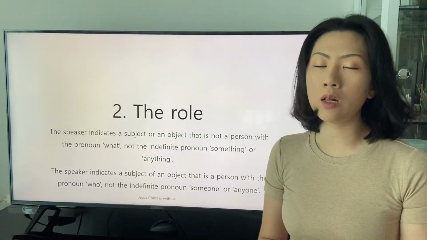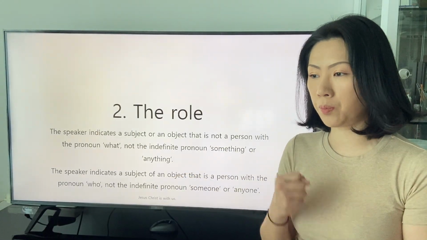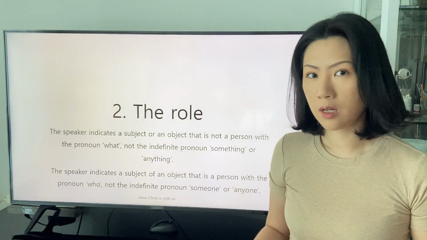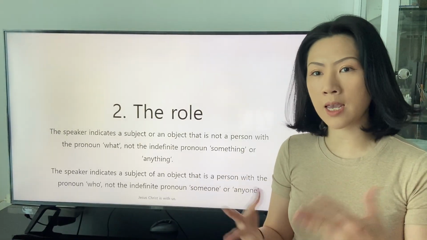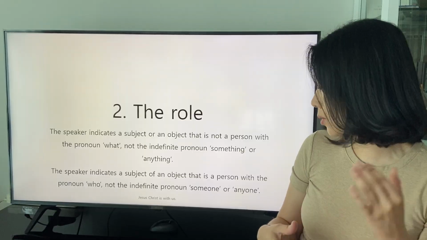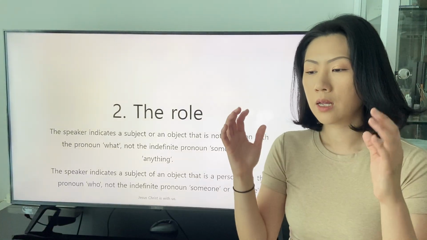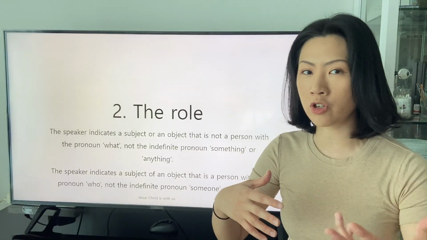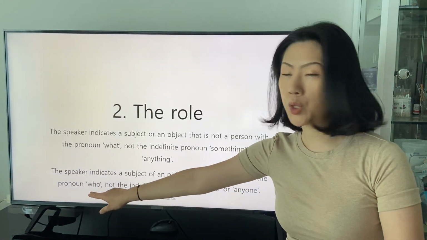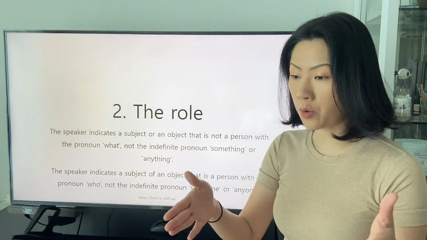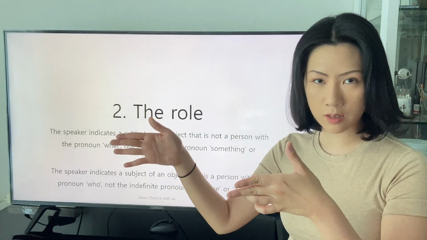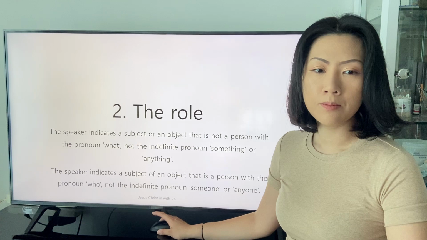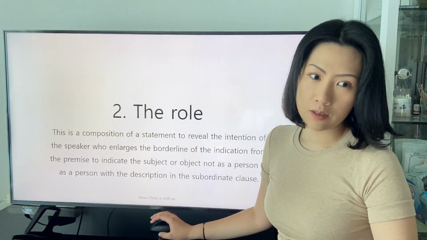The speaker can apply the pronoun who to indicate a person. This person can be indicated by the indefinite pronoun someone or anyone, but the subordinating conjunction who can link the subordinate clause to the main clause as a conjunction. That's the difference.